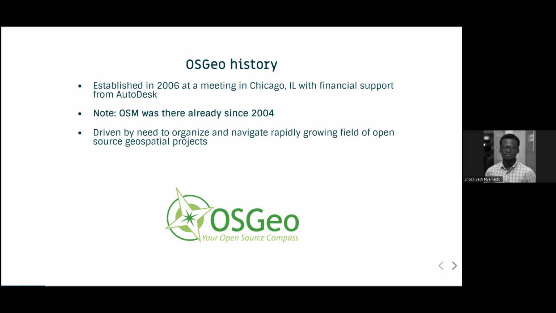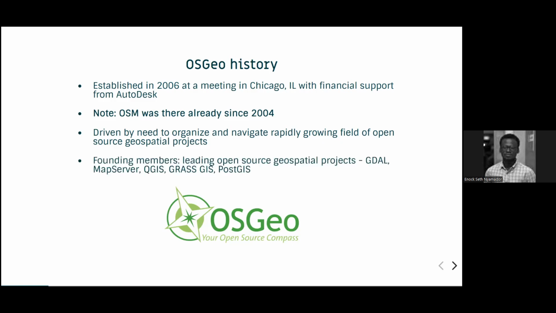OSGeo arose from the need for software because the geospatial field was rapidly developing, and there needed to be a lowered barrier with equal access for everyone. It doesn't need to be paid for, even though it can be paid for, in order to use the tools and projects.